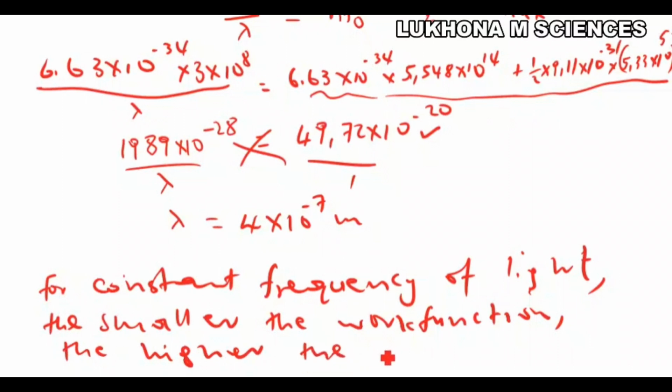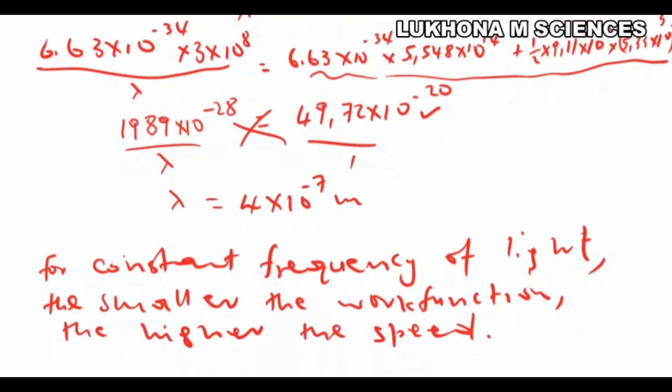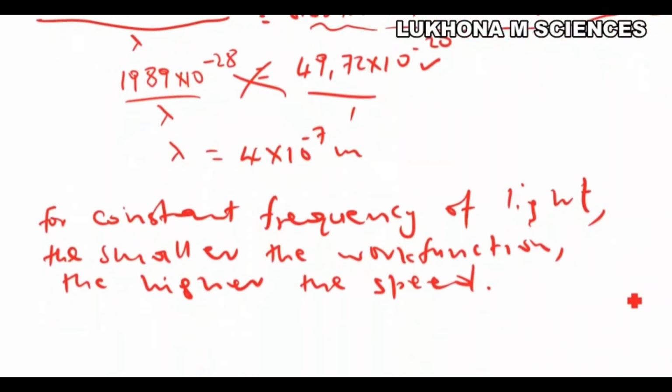This simply means that if you are using a metal with a smaller work function or threshold frequency, the speed of the electron increases. Then we are done with this question.